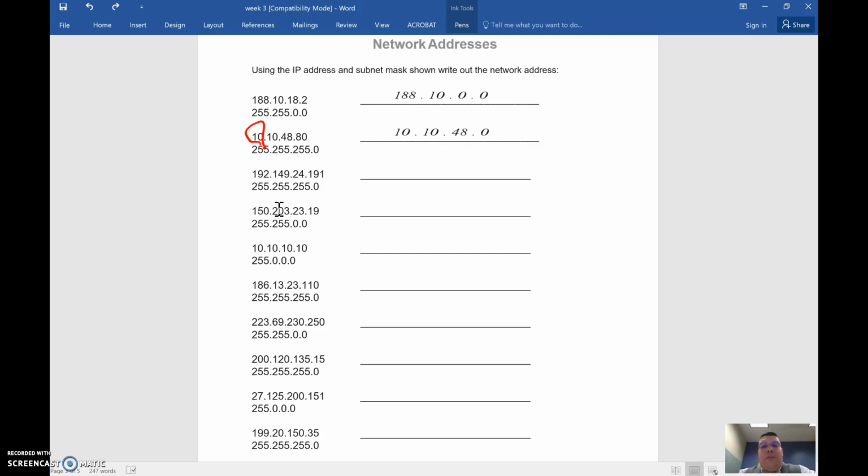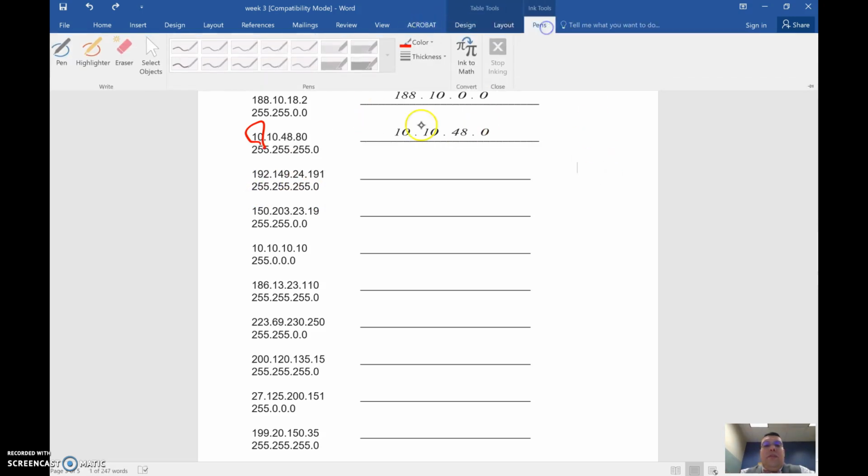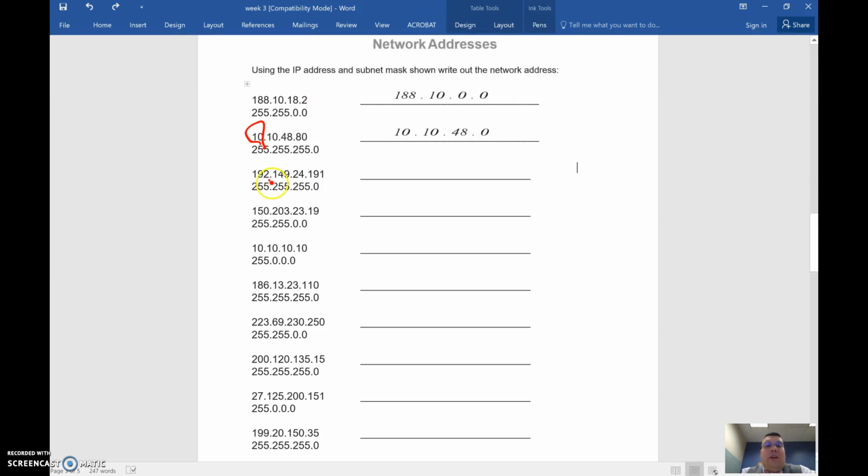So looking at this next one, it's 192. Then we say, okay, default for 192 is 255.255.255.0.